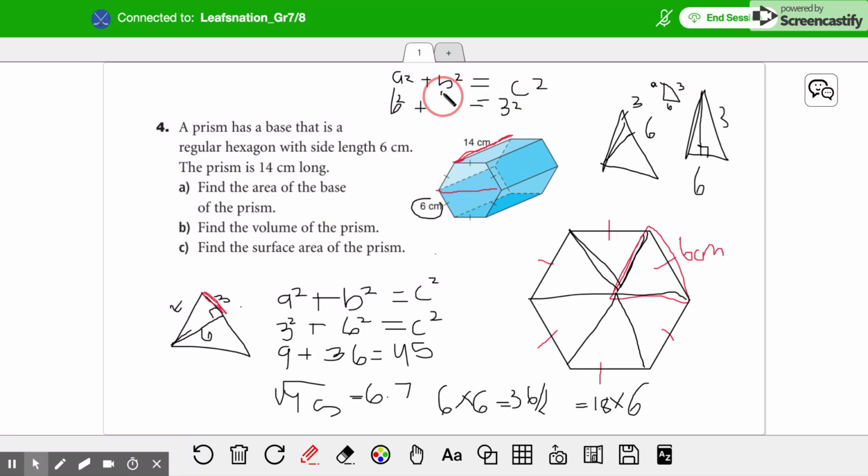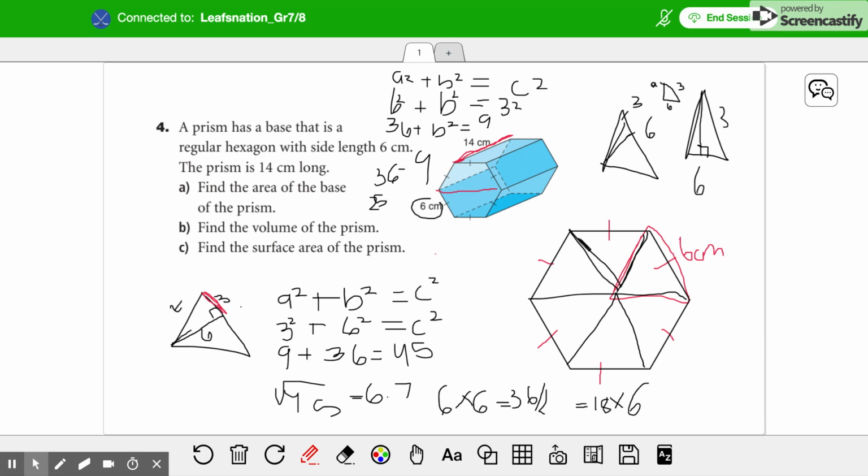So what we do now is 36 plus b squared equals 9, and then you do 36 minus 9, which is 25.